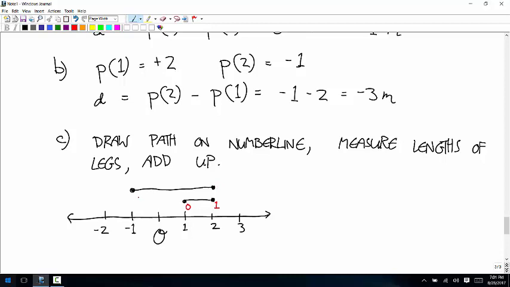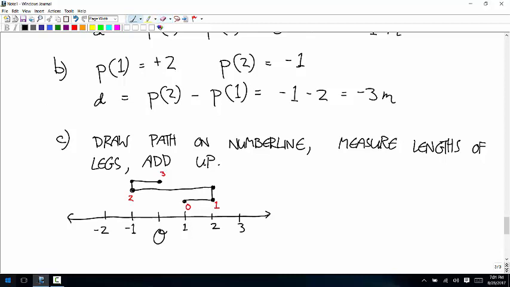So this is at 1 second, this is at 2 seconds. And then the last leg, it goes from position negative 1 to position 0. And that's at 3 seconds. I'll just connect all these. Okay.